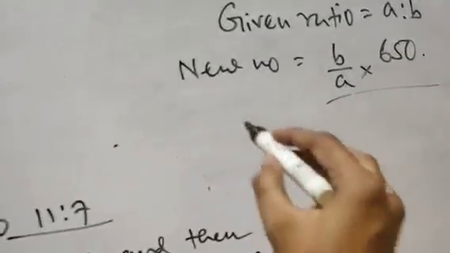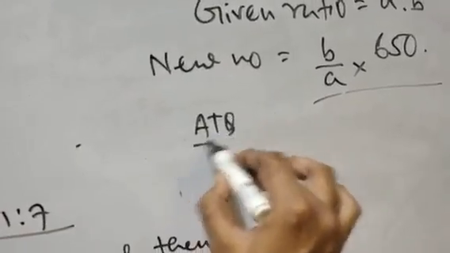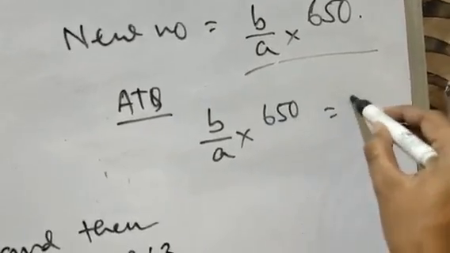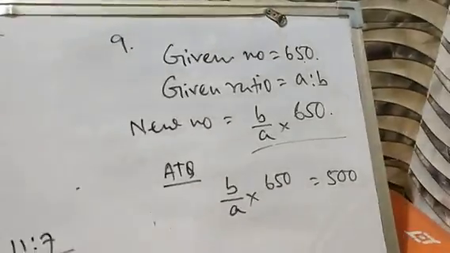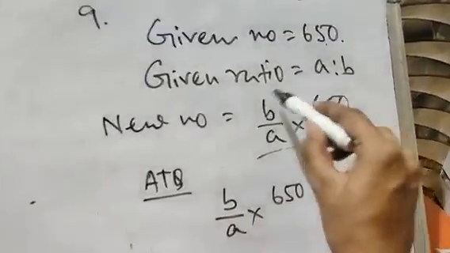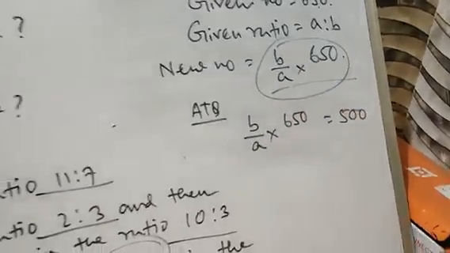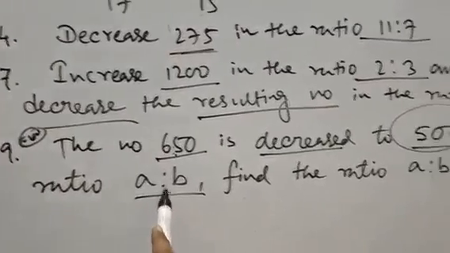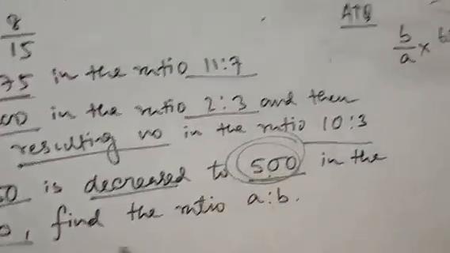So we will equate them both. According to the question, you can write B by A into 650 equal to 500. Because if you decrease 650 in the ratio A is to B, the new number will be this, and the question says the new number is 500, so we equate them.